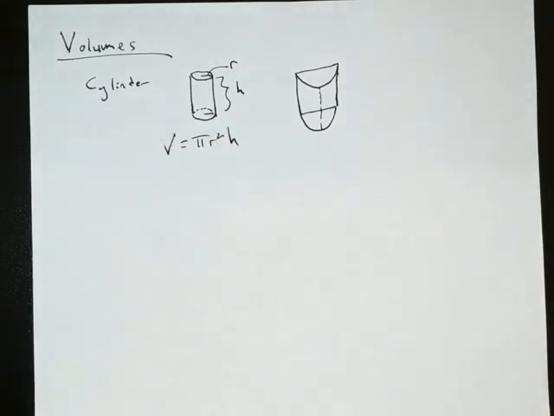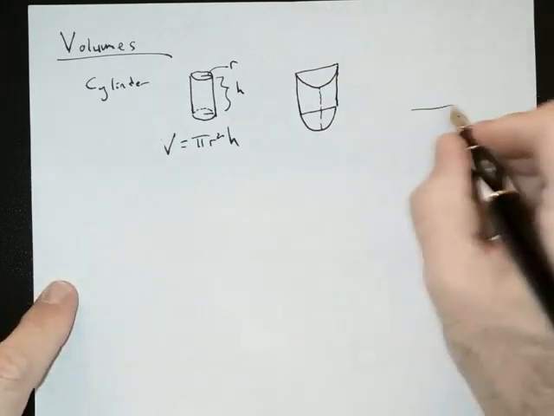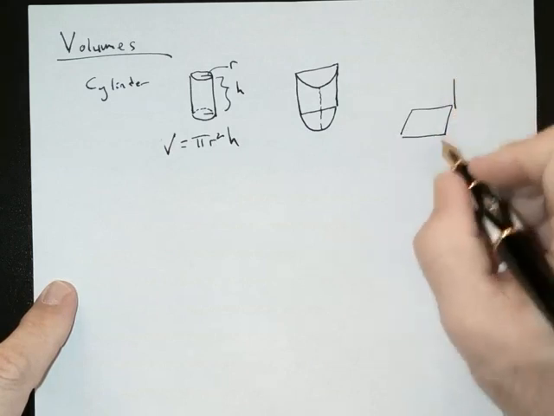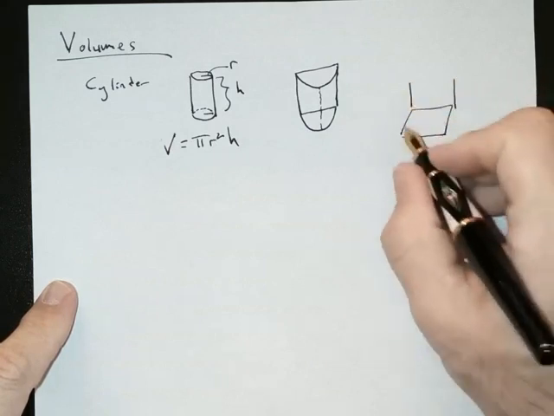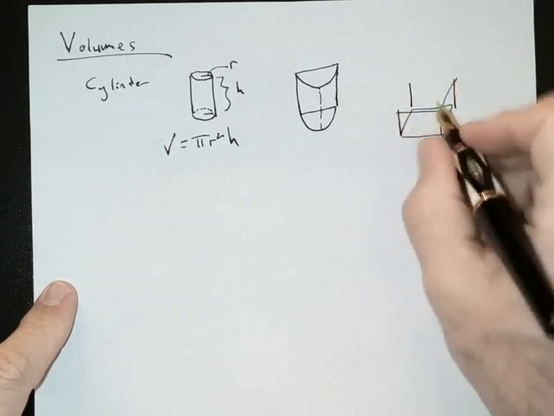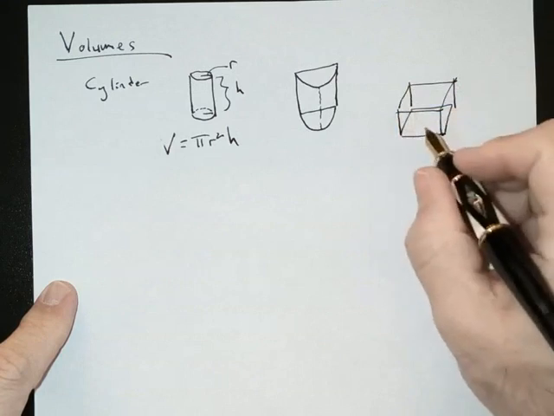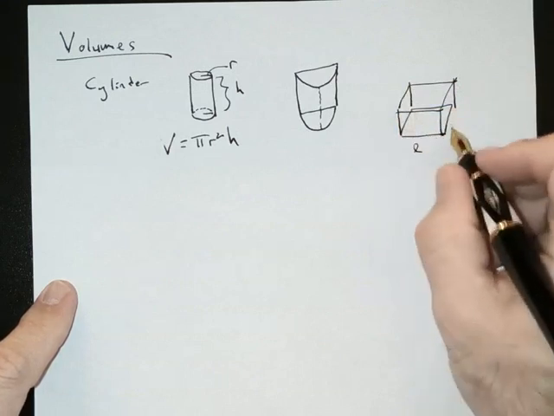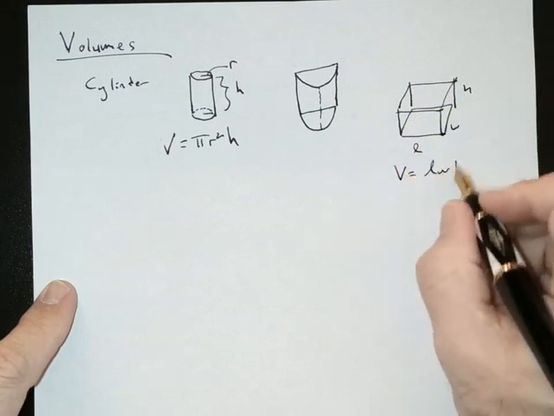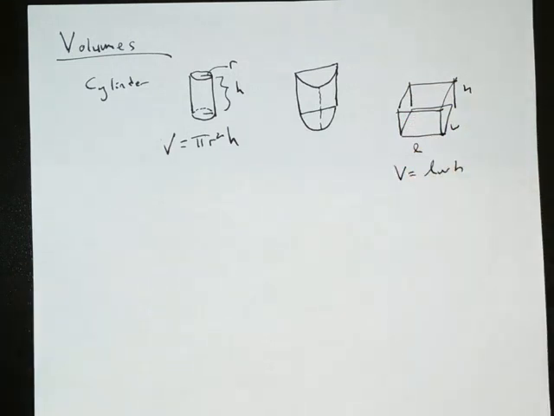This idea of looking at the same shape all the way up even extends to a box. Think about our rectangular box. I've got a length, I've got a width, I've got a height. The volume of the box is the product of those three, yes?